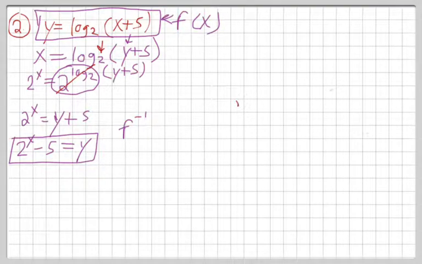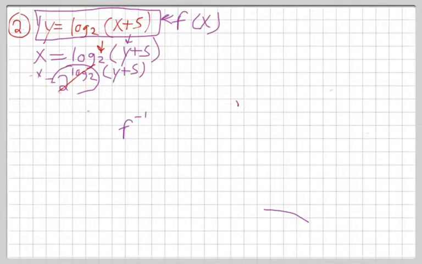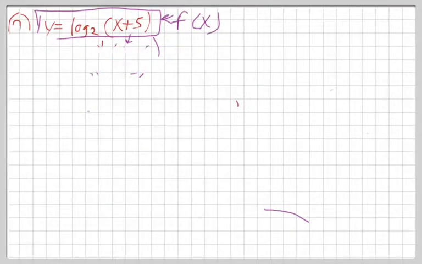Alright. Let's take a look at maybe a couple of the derivative problems. Let's erase this problem here, and we could look at number 4, the derivative.